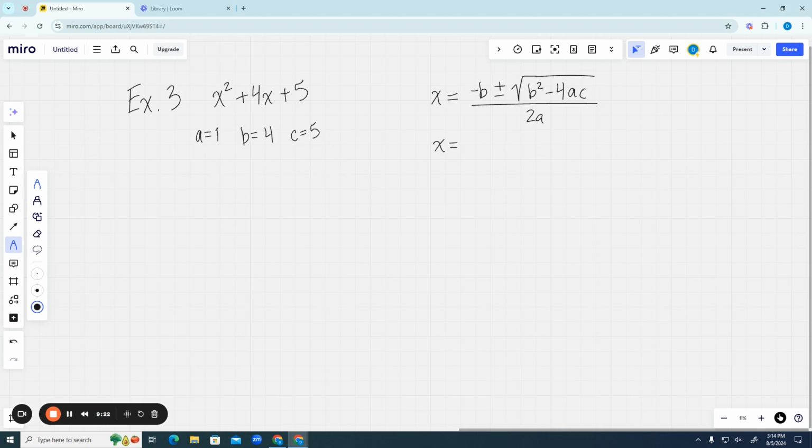And we'll just start filling it in. So I have negative b, my b is 4, plus or minus 4 squared minus 4 times a is 1, times c is 5, all over 2 times 1. And then we'll start simplifying this.